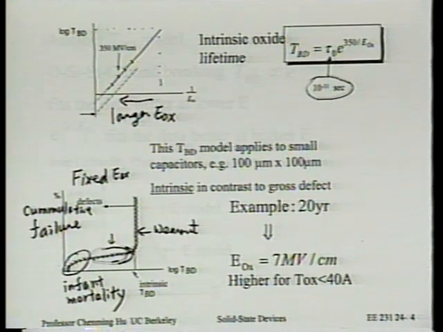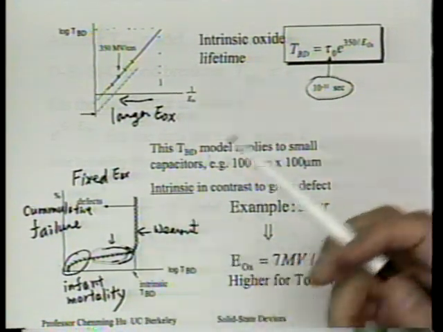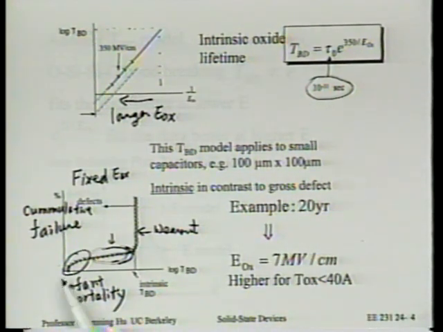Now, if we add the word defect into this diagram, we can conceptually visualize the horizontal axis as some indicator of the severity of defects, or rather the reverse of severity of defect. In other words, infant mortality refers to very severe defects. That's why they fail in a short time.